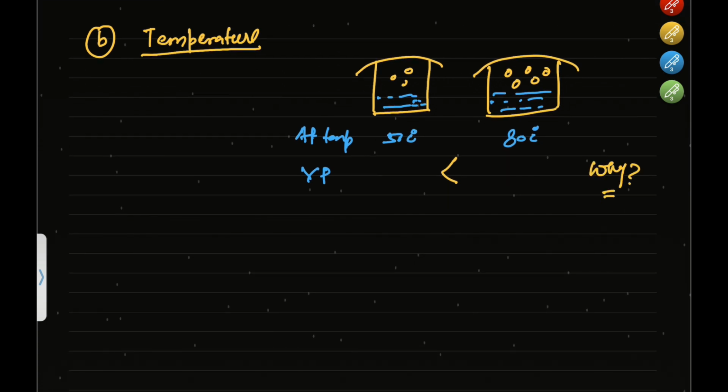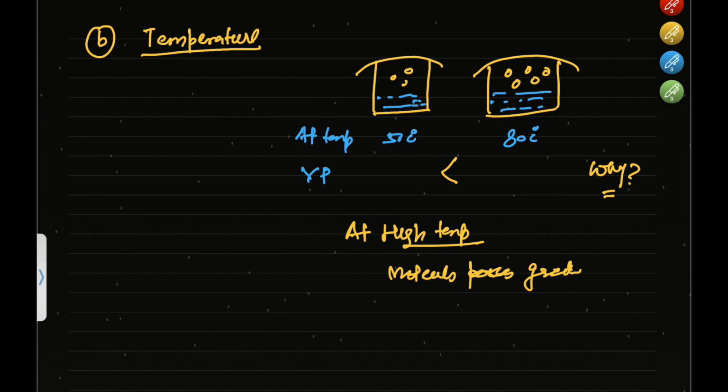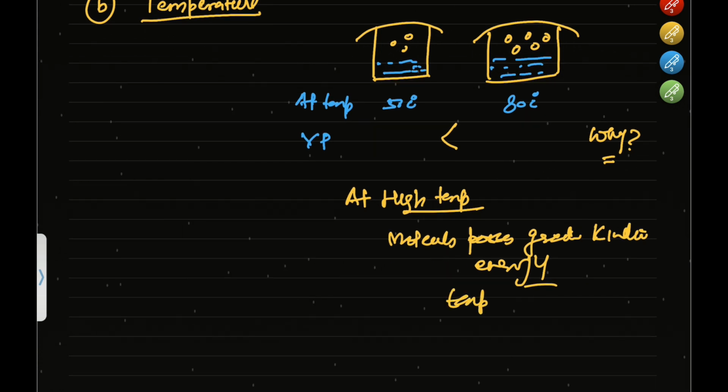But why? This is due to the fact that at high temperature molecules possess greater kinetic energy. Temperature is directly proportional to kinetic energy: temperature increases, kinetic energy increases. As the kinetic energy of the molecules increases, the tendency of the molecules to escape from the surface into the vapor increases.